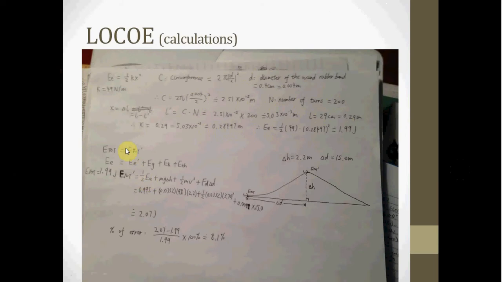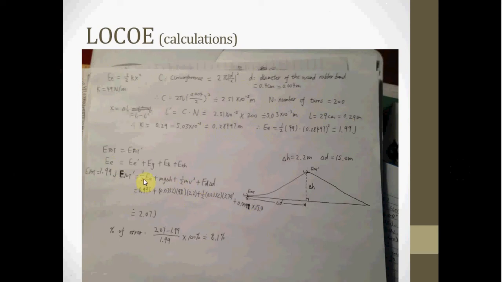So we compared that to a number which we got during one of our tests, and we used E total. We used the law of conservation of energy to calculate it. So first we added up all the energies which were released.